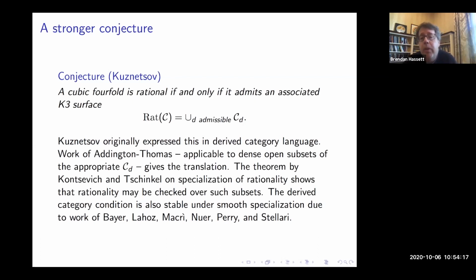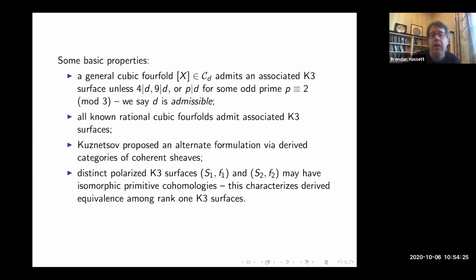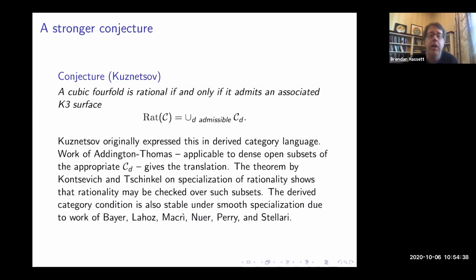And if you remember, the ones that admit associated K3 surfaces are characterized by the congruence properties of D. So we have this notion of admissibility that determines what numbers are divisible into D. And so the assertion is that the rational locus is just a countable union of divisors in moduli, and these are indexed by the discriminants that are admissible.